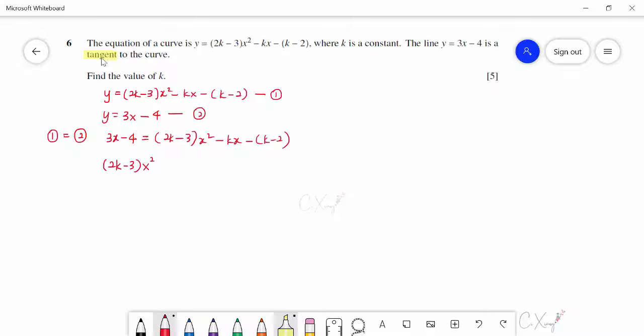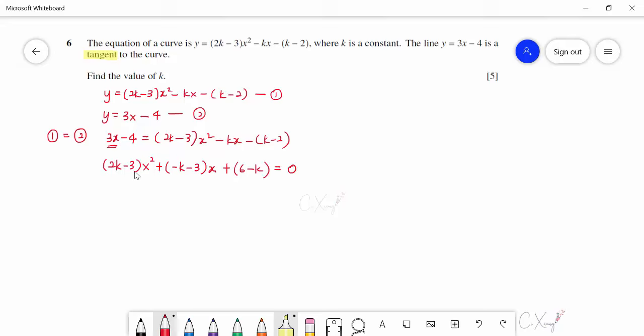So I rearrange the negative kx, when I move it over it becomes negative 3x. Then plus negative 4, when you move it over becomes positive 4. So positive 4 plus 2 is 6 minus k. Then you get a 0.